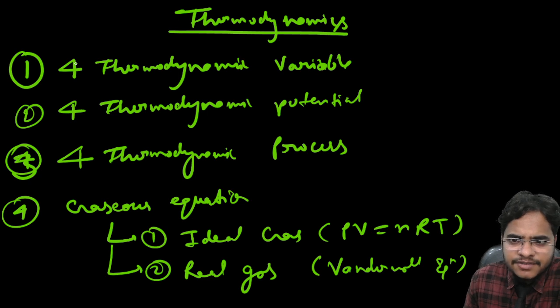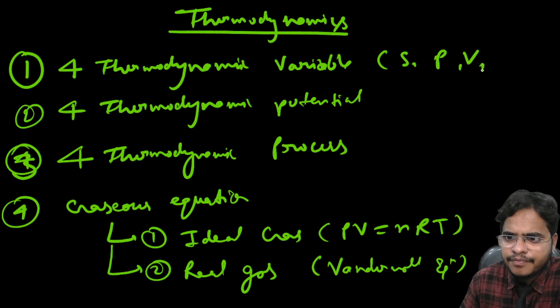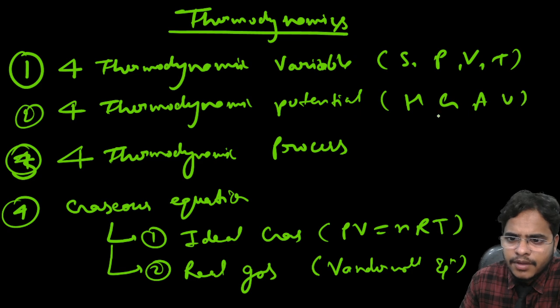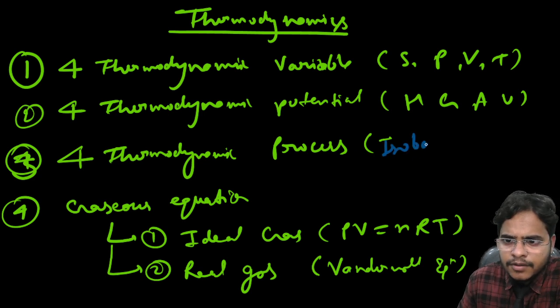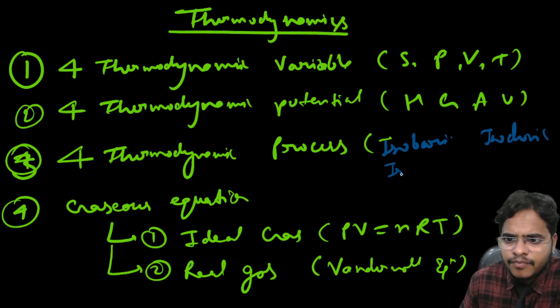In the whole thermodynamics, we have the 4 thermodynamics variables and the 4 thermodynamics potentials, and 4 thermodynamics processes: isobaric, isochoric, isothermal, adiabatic.